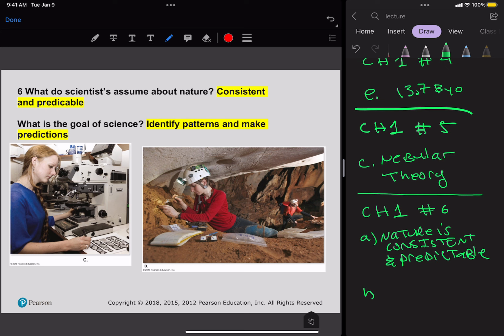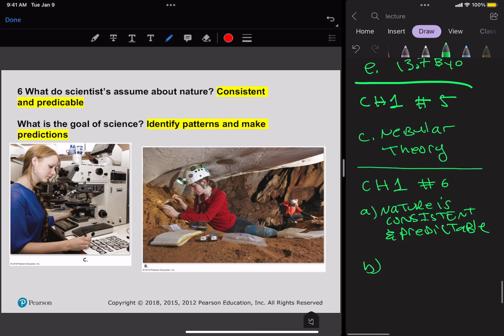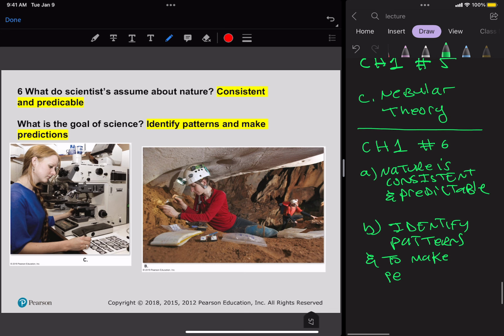And because it's predictable, the goal of science is to identify patterns and to make predictions about the future.